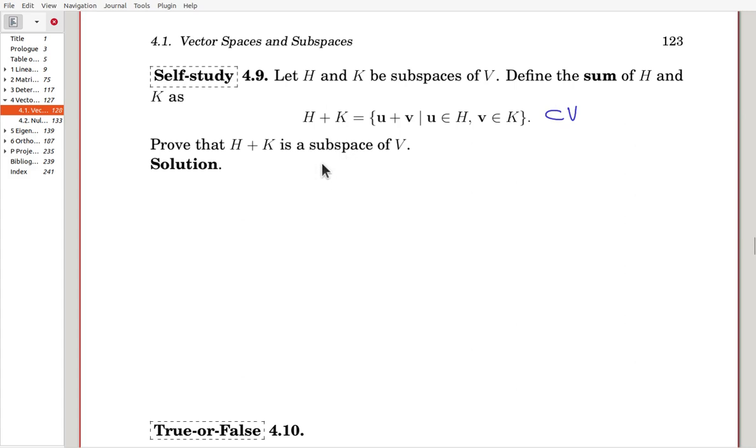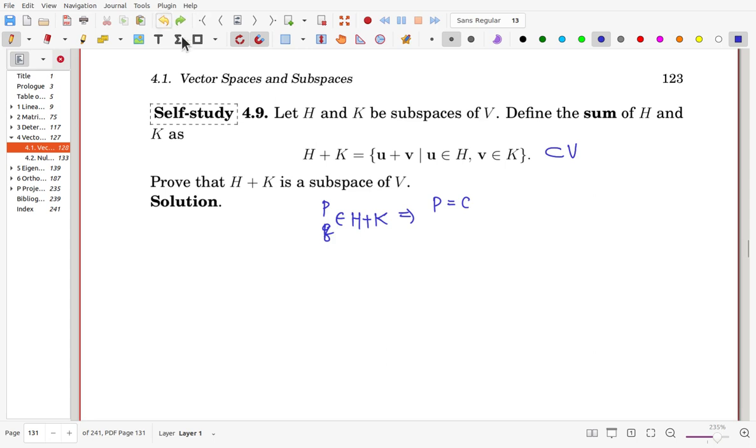So we choose a vector, for example, P, and another vector Q from H plus K. Then P may be written as one from H and the other one from K, so we may write it in this way: U1 plus V1.